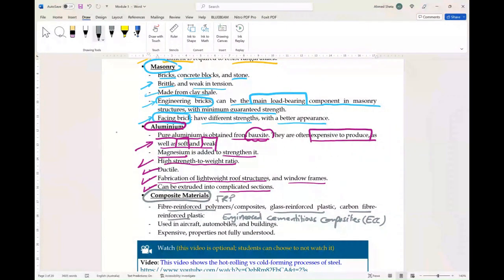So there are a lot of materials that contain two or three other materials, so it is called composite material.